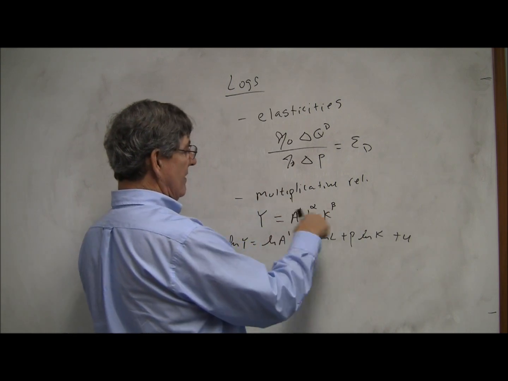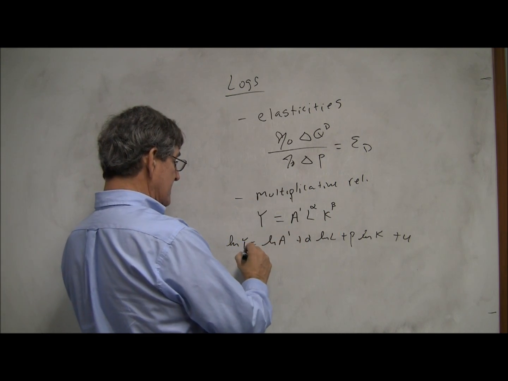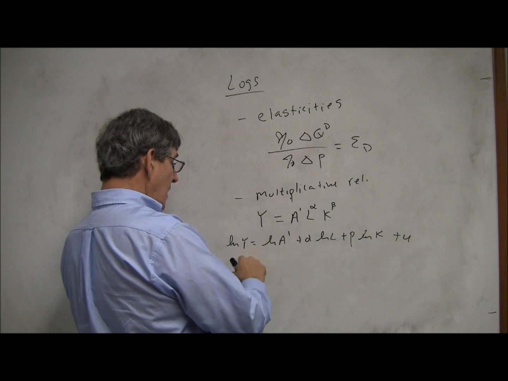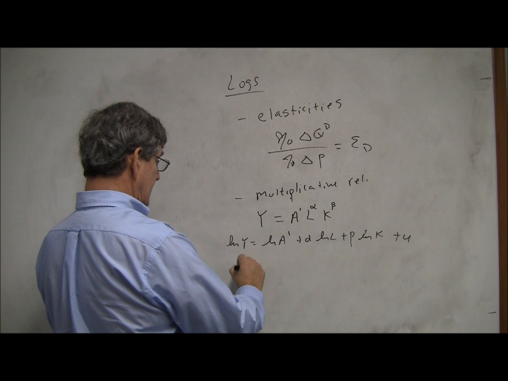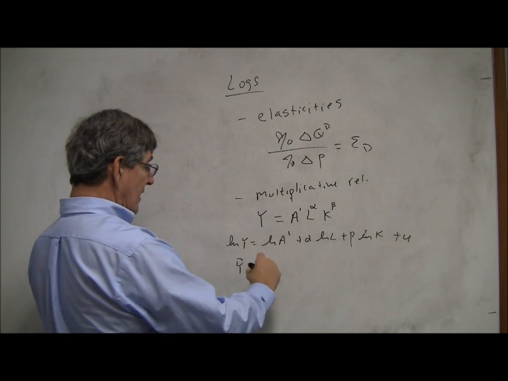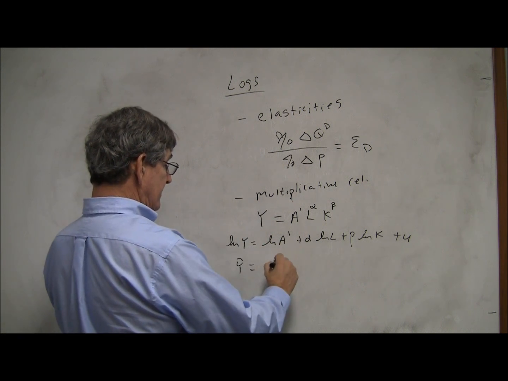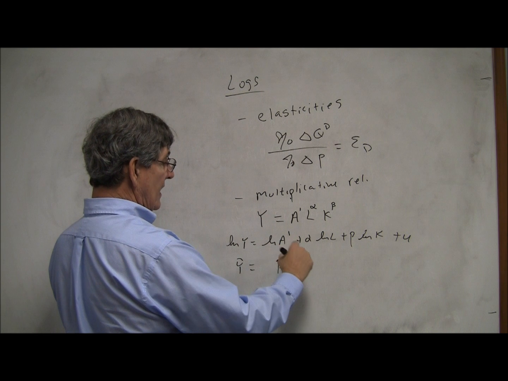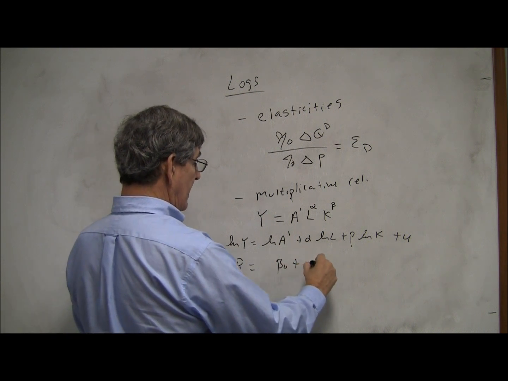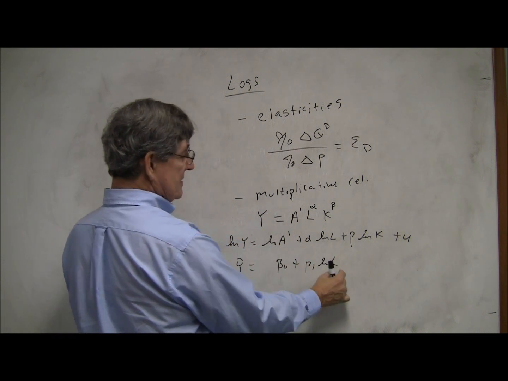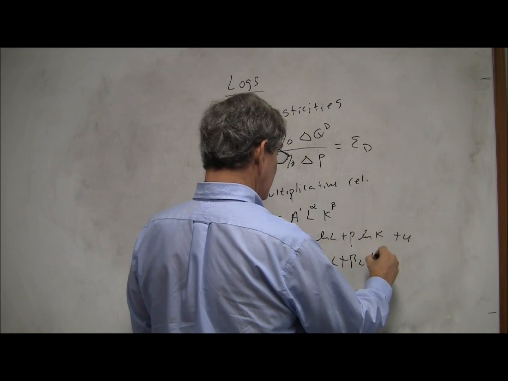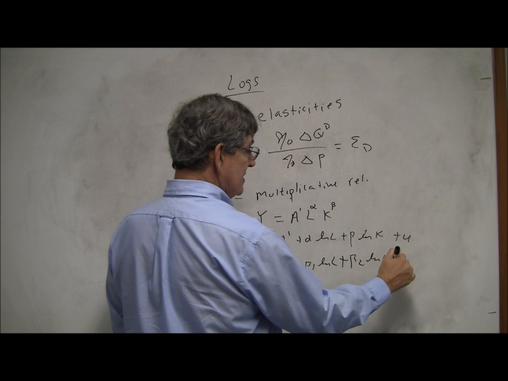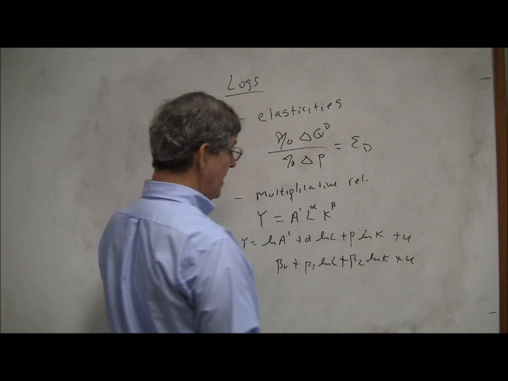So you could just call this variable y tilde, the log of y, is beta 0, which is the log of a prime, plus beta 1 times the log of L. So that's your x1, plus beta 2 log of capital, that's your x2, plus the error term.